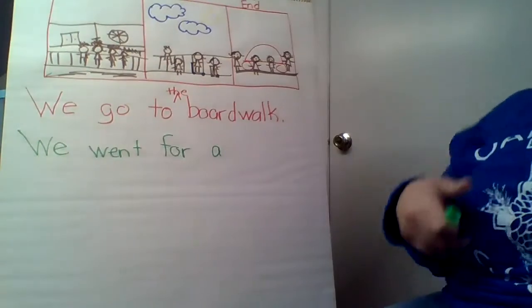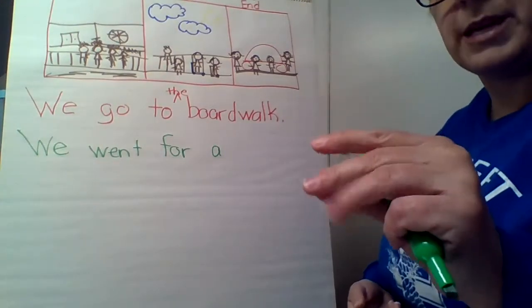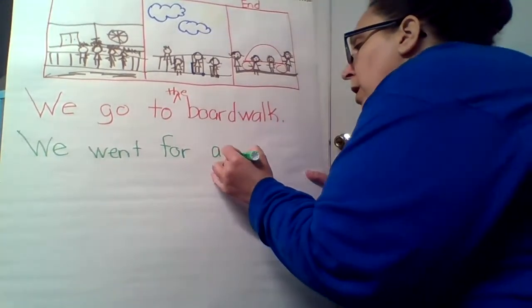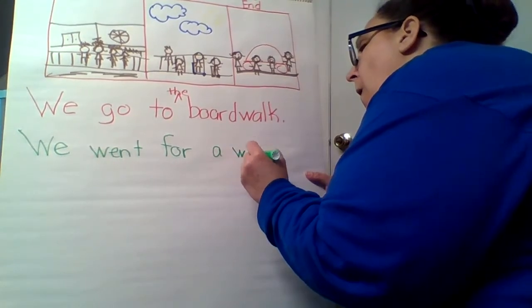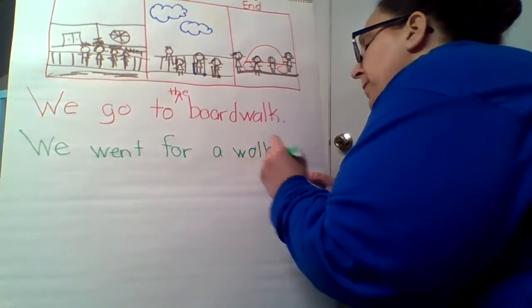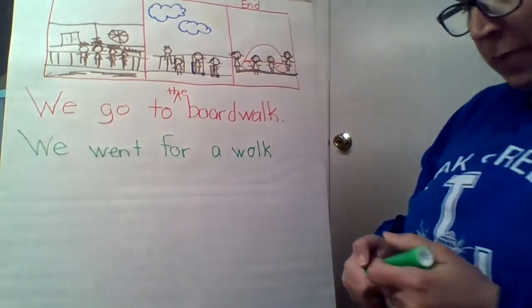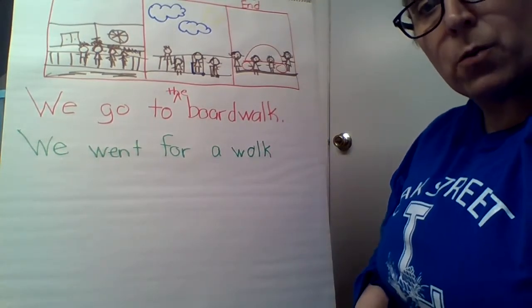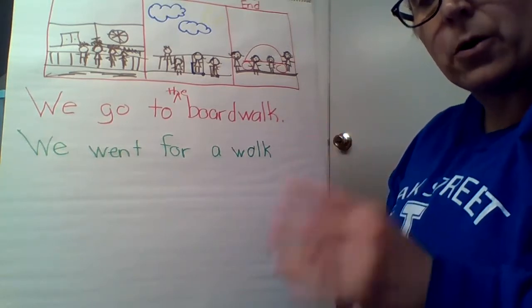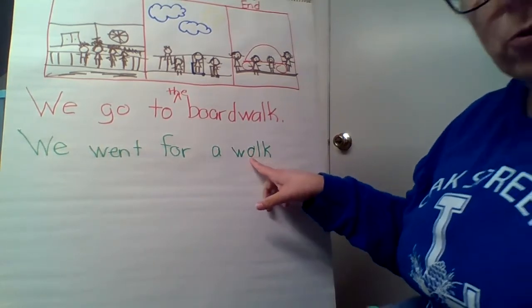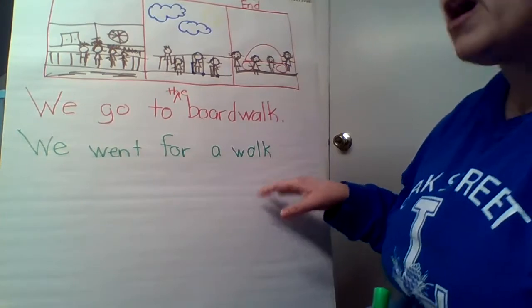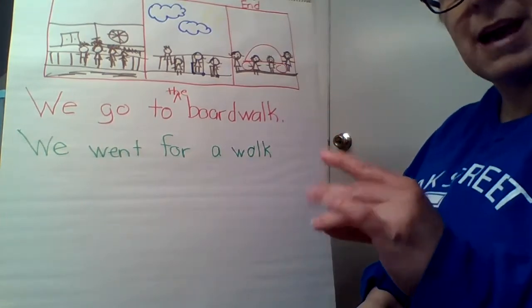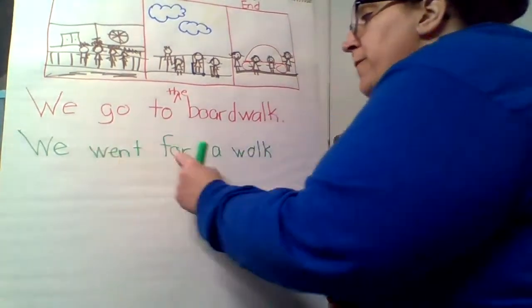Nope, it's not a sight word, so I'm going to have to sound it out. Walk. Now, for those parents that are helping you, just so you're aware, we are working on sounding it out. So even though it might not be spelled the way we spell it as adults, I want them to try and sound it out the best they can. We went for a walk.